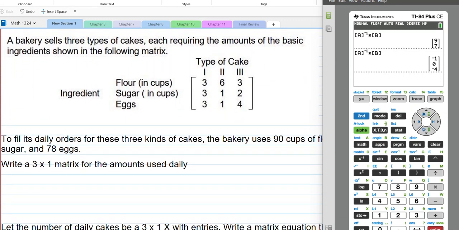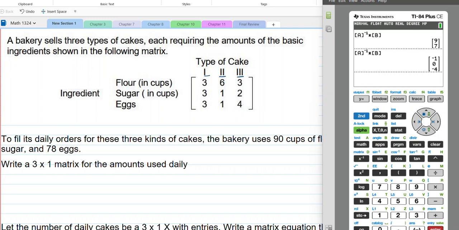So now let's talk about application. The one I gave you in the homework is simply one to let you know part of the structure, and then you finish the structure. All right. A bakery sells 3 types of cakes, type 1, type 2, type 3.